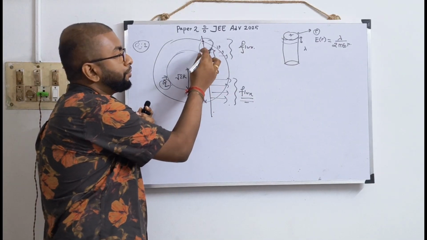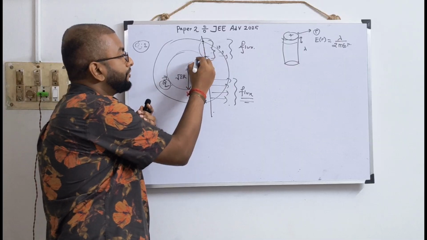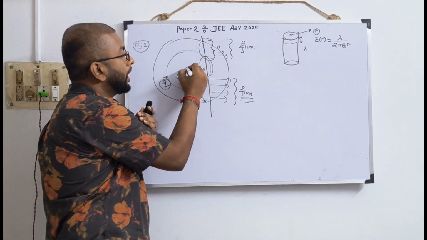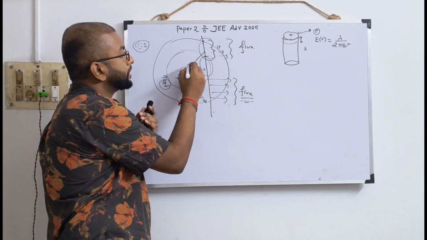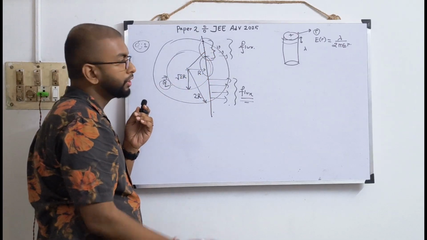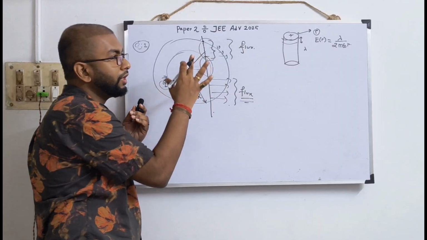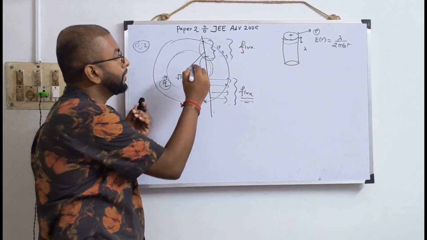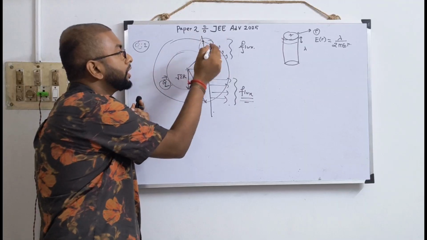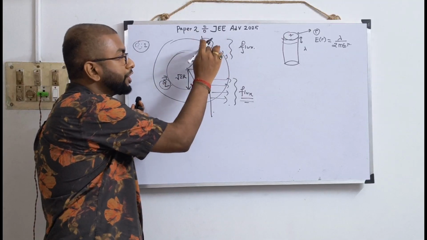Each and every point has a different distance. If I go from the inner cylinder to the outer cylinder via this plane, at each and every point the distance from the center of the cylinders is different. So at each point the electric field will be different. At the same time, the electric field will be making different angles with the area vector of this plane.